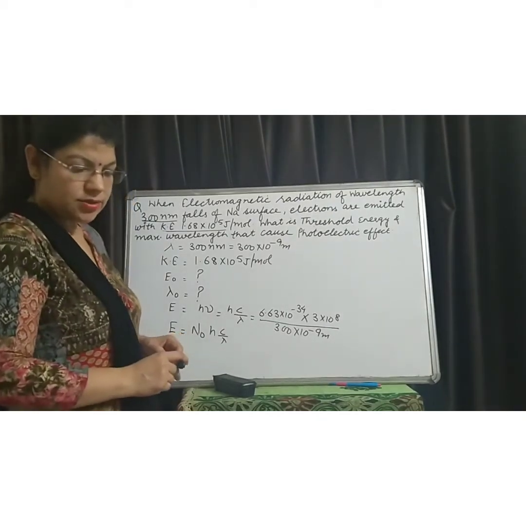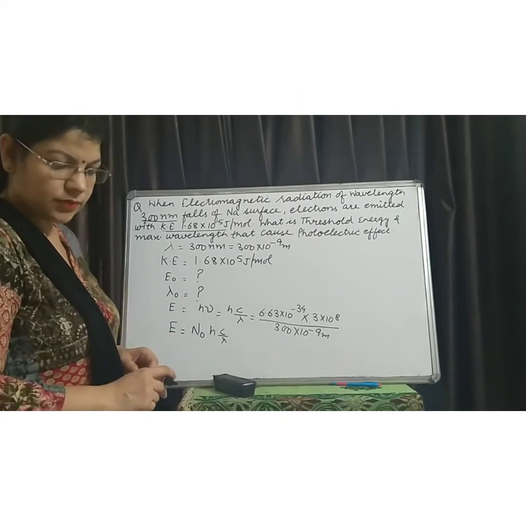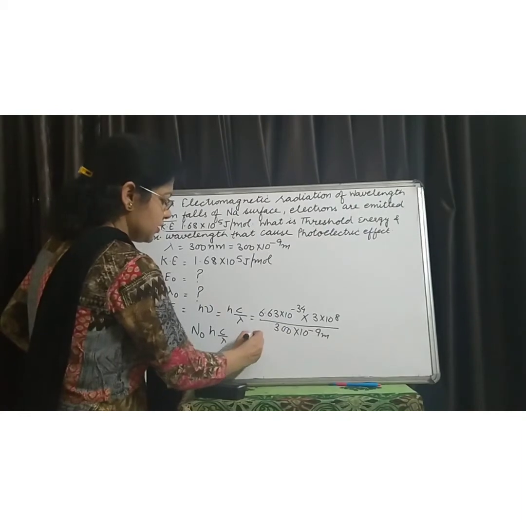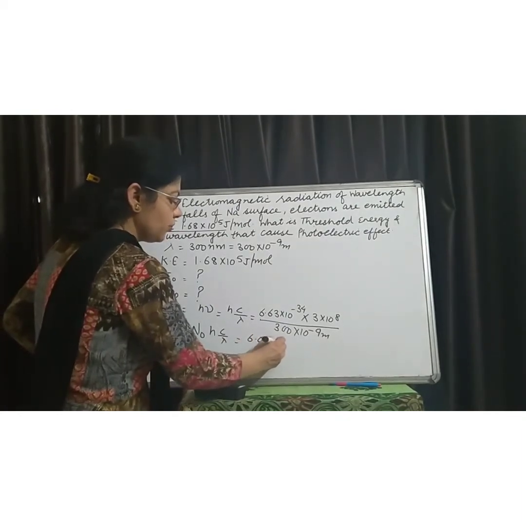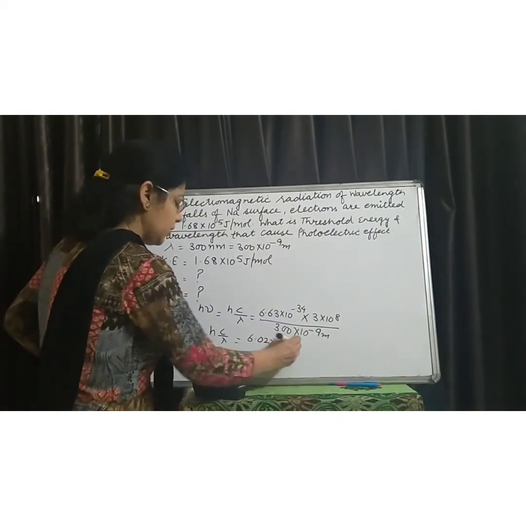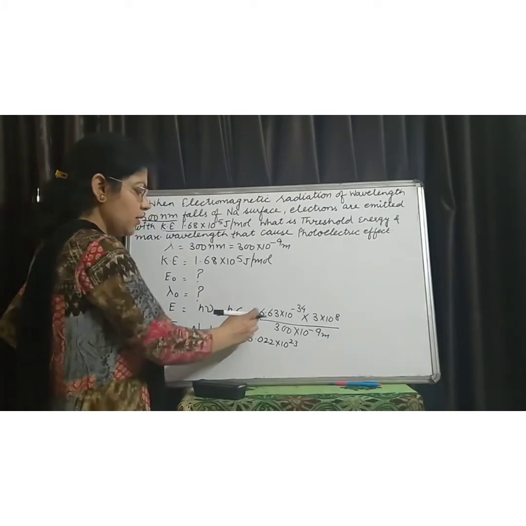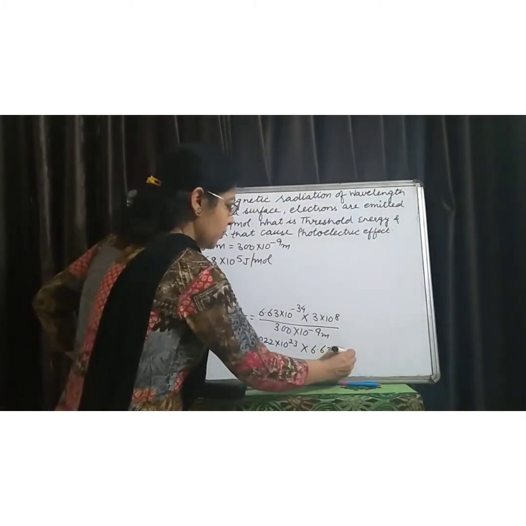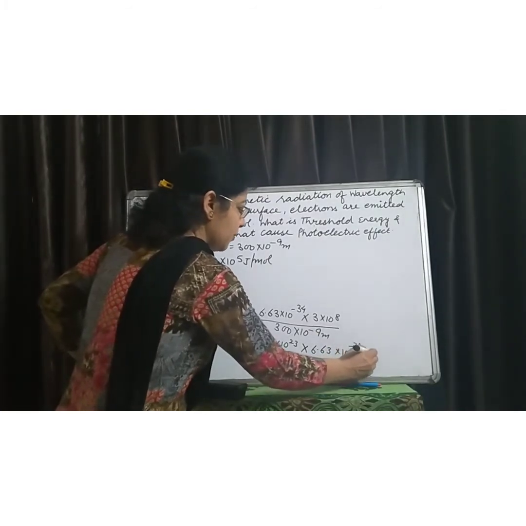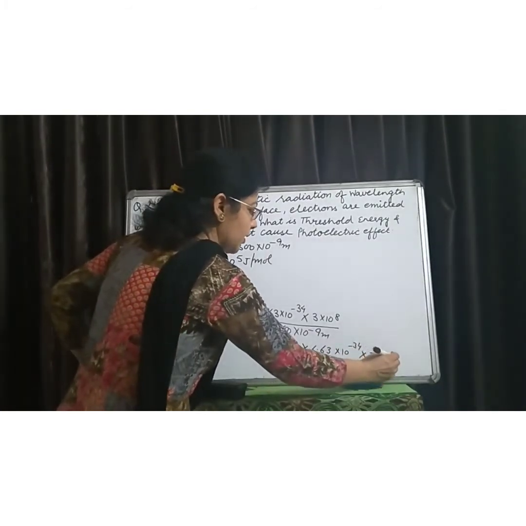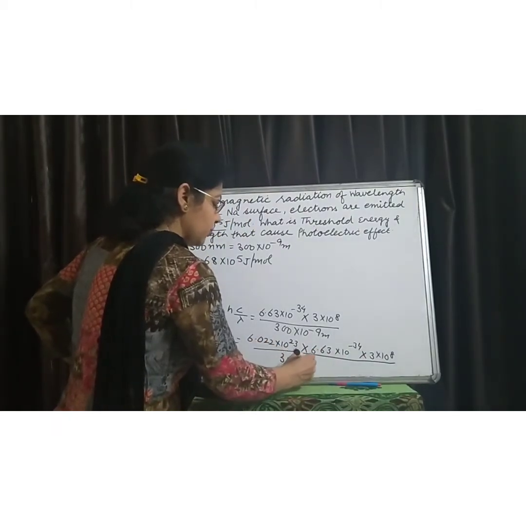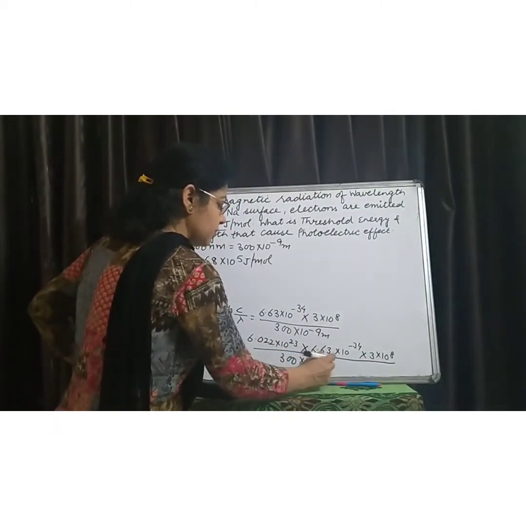This energy is 6.022 × 10^23, which is the value of the Avogadro number, multiplied by 6.63 × 10^-34 multiplied by 3 × 10^8 divided by 300 × 10^-9 meter.